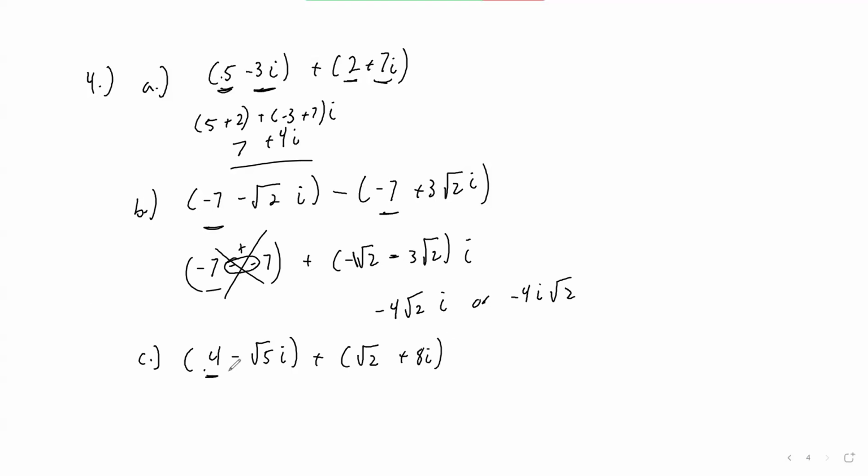Again, write it out as 4 plus square root of 2 plus negative square root of 5 plus 8i. Now, in this situation, I literally can't combine it any further, so you can just leave it just like that. I add parentheses, but technically you could just have the parentheses just here. I would write parentheses just for best practice, but you stop there.